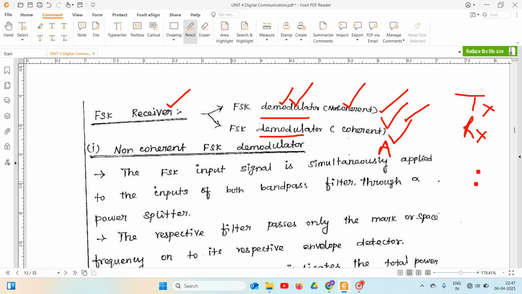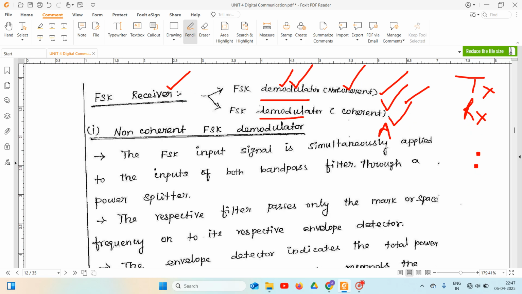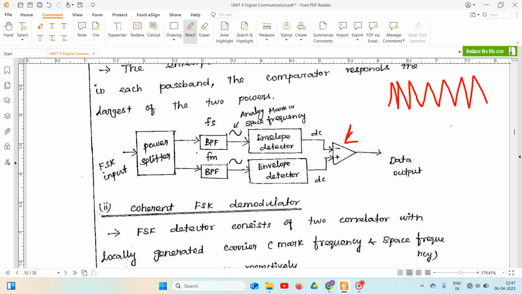Now we will discuss the non-coherent FSK demodulator using this figure. First we feed the FSK input signal to the power splitter.